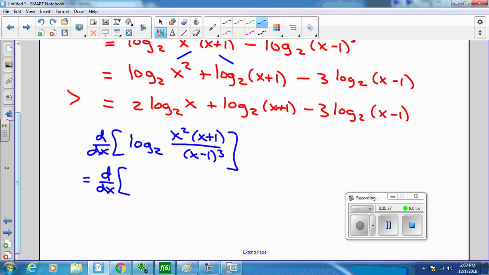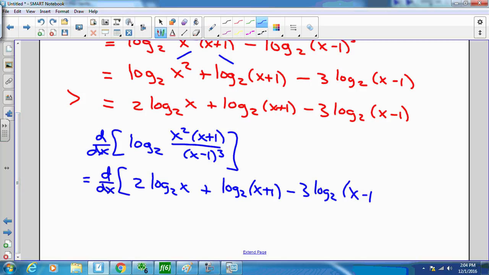Or I could do a log property decomposition on it, and immediately write this as 2 log base 2 of x plus log base 2 of x plus 1 minus 3 log base 2 of x minus 1.